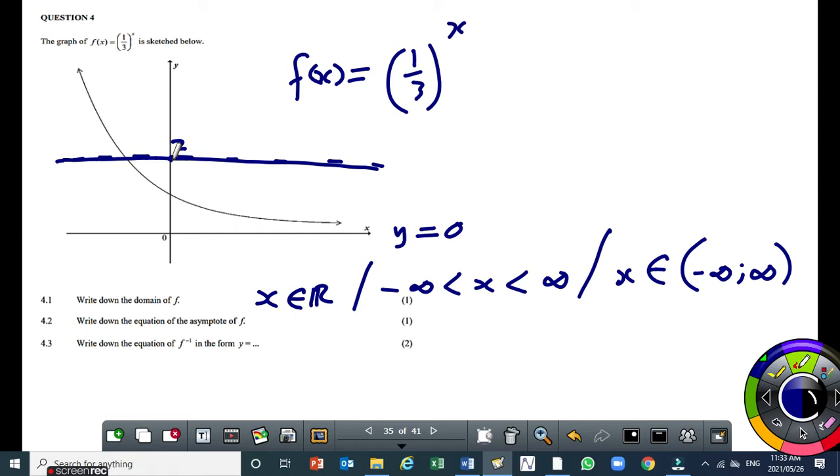It's y equal to 2. Any horizontal line, when you write its equation, starts with y. If it's a vertical line, it starts with x. So here, the equation of the y-axis is x equal to 0. Please, this is very easy. You have to know this.